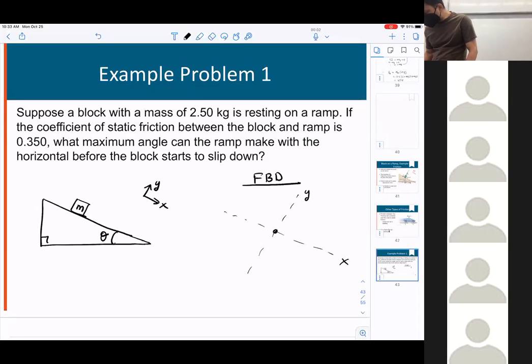Here is this object, and I'm going to now draw the free body diagram for it. So here is x, here is y. Any questions about what these pictures are representing? So this here is the ramp, and this here is the normal direction to the ramp like that.